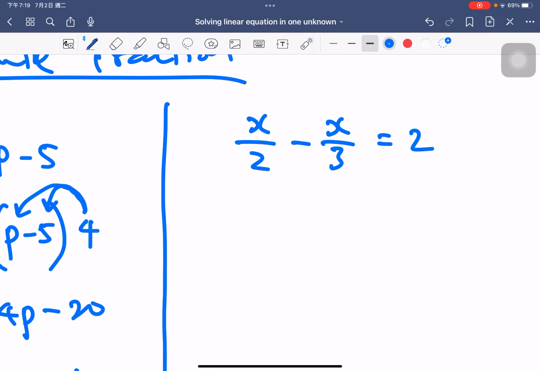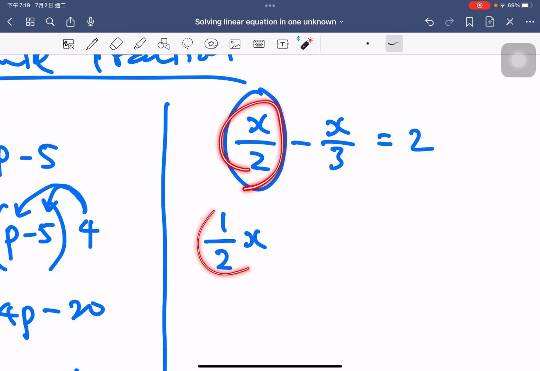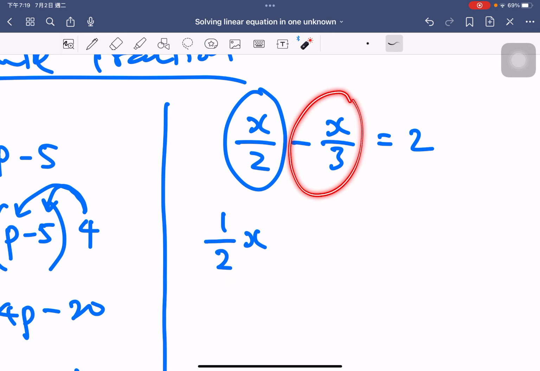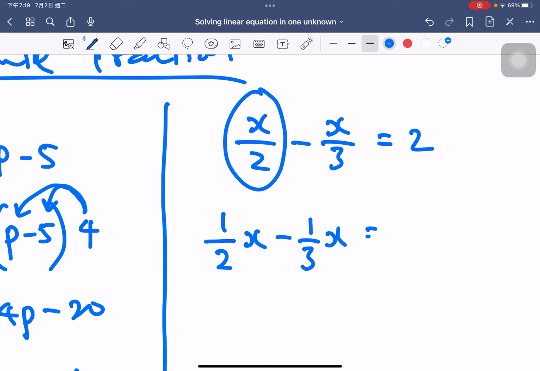So first of all, this fraction can actually be written as 1 over 2 times x. It's actually the same thing, because when you use the 1 times the x, it's going to give you back this x, isn't it? So you just move this letter out, move this number out. So similarly, this one can be written as negative 1 over 3 times x equal to 2.